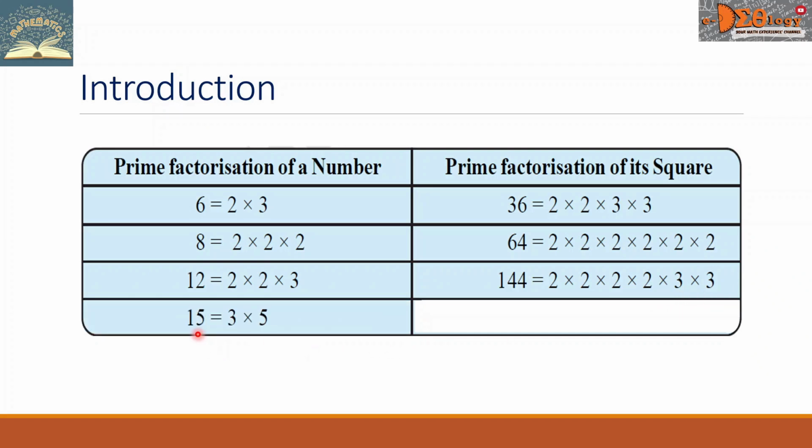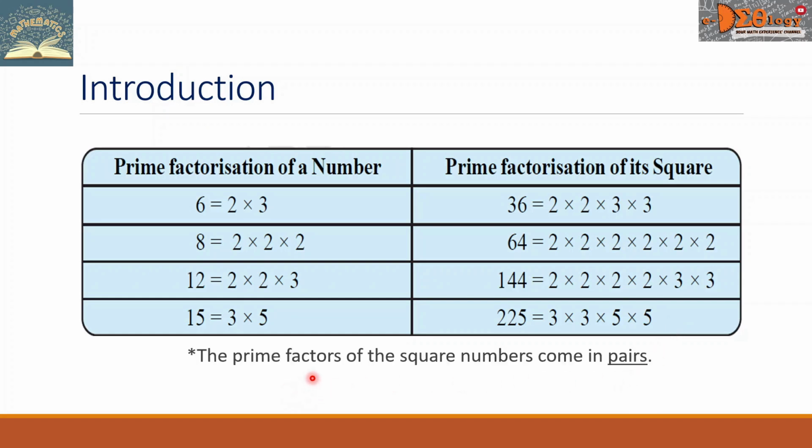Next example, 15, and the prime factors are 3 and 5. 15 square is 225, and the prime factorization is 3 times 3 times 5 times 5. One thing that we will note here is the prime factors of a square number come in pairs.